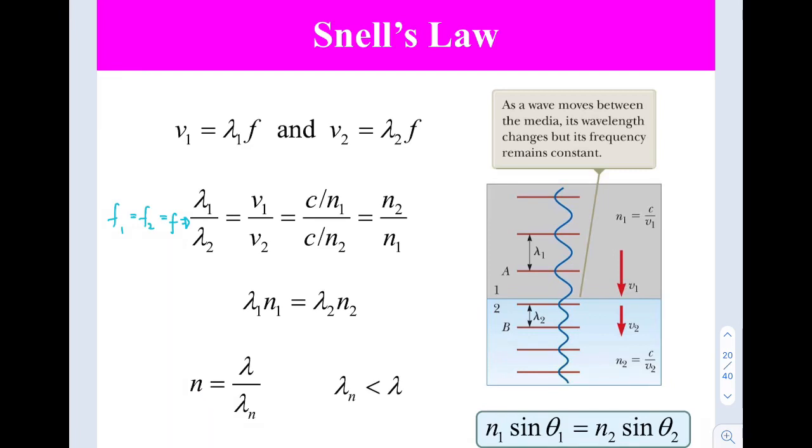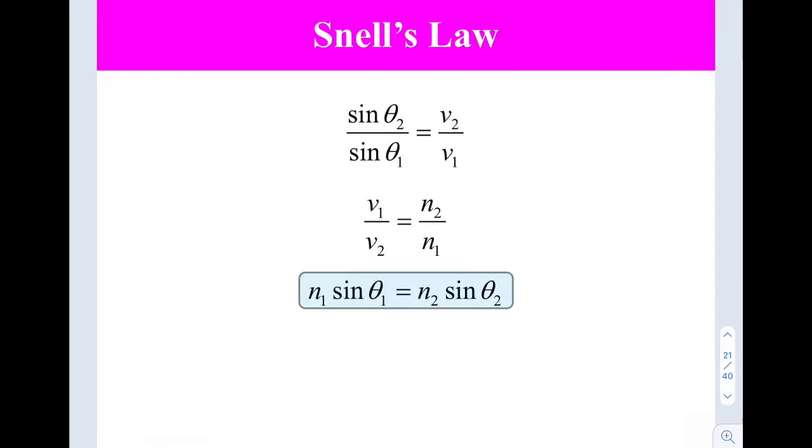Based on this, we may also rearrange the equation to get N1 sine theta 1 is equivalent to N2 sine theta 2. This is what we call Snell's law. It comes from this derivation.